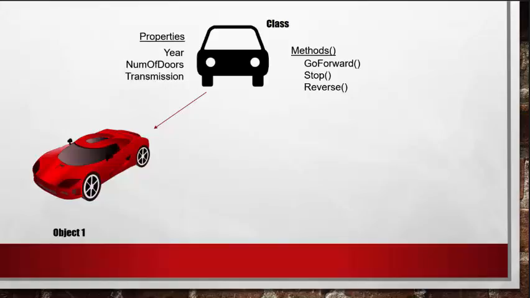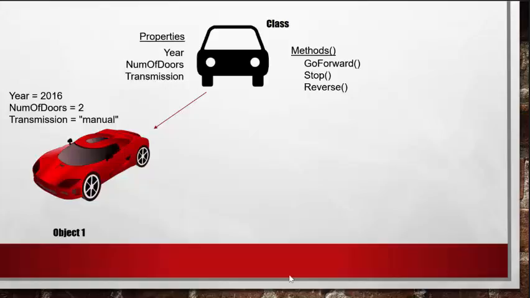And what that means is, because of the fact that all cars have properties, this particular car also has properties, but these properties are unique to this car. So any car that I make from the class, any object that I make from the class also has properties, but the properties get unique values.